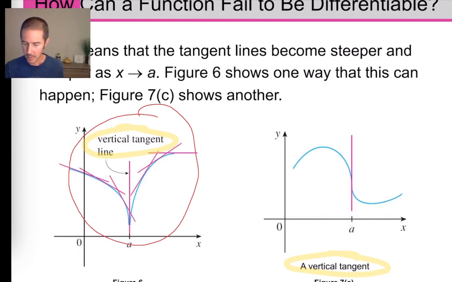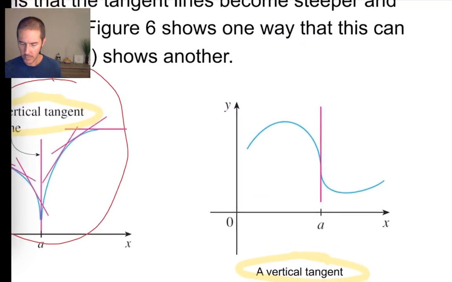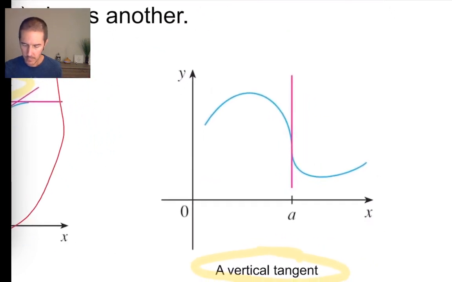Why would that be? What's the slope of the tangent line here? I'd say it's negative. What's the slope of the tangent line maybe here? I'd say that's also negative. What about the slope of the tangent line right here? Ooh, I would say that that's very negative. Okay. And what about as we come in from the right?